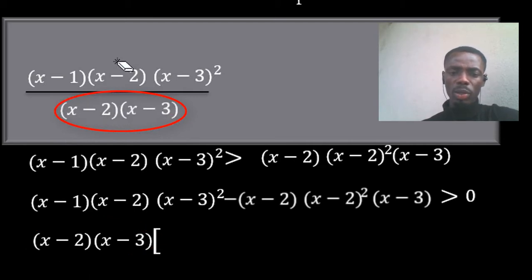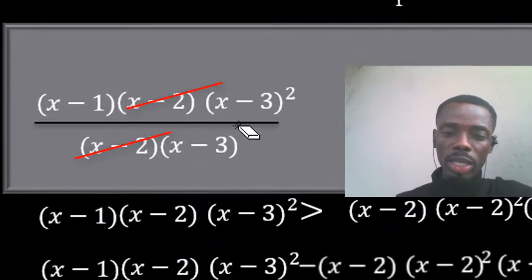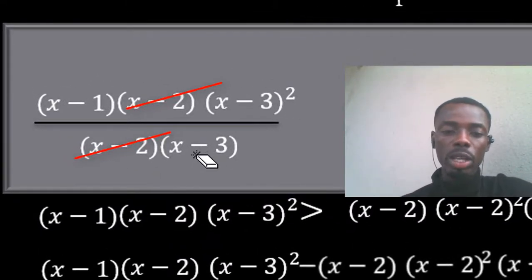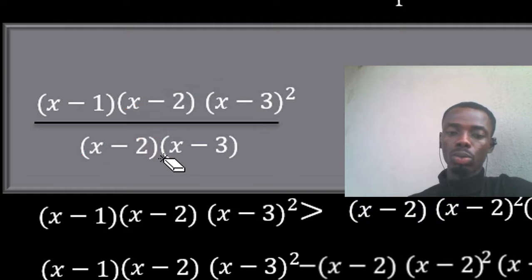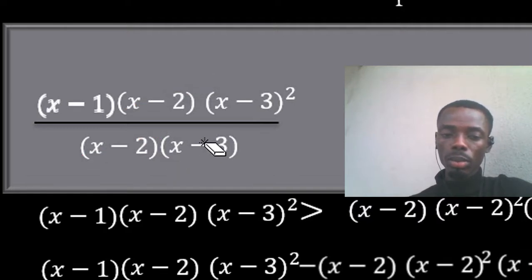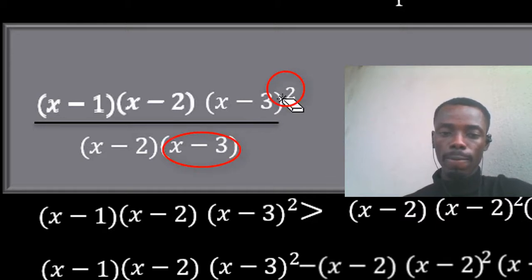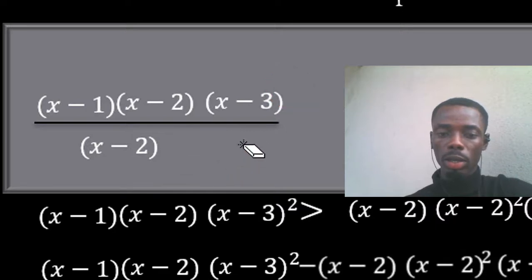So here is x minus 2, here is x minus 2. So here x minus 2 cancels the x minus 2. Here is x minus 3, here is x minus 3 squared. So if x minus 3 squared goes, then it means that this squared will also be affected. Okay? So x minus 3 gone, this square is affected.